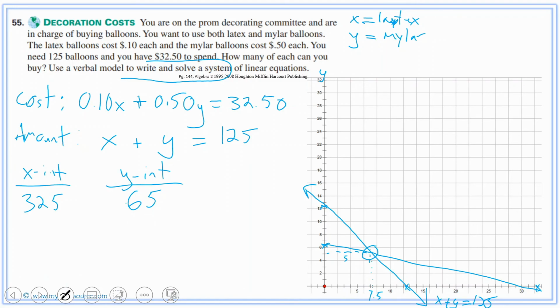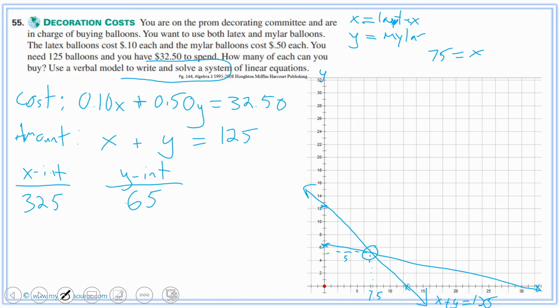Now remember, with graph paper and with a ruler, you don't have to do any of this guessing. You get right to the answer. All right, let's go ahead and try it. I'm thinking that I have 7.5. It represents 75 latex. So 75 is going to be my X. 75 or 70? I think it's more, so I'm going with 75.